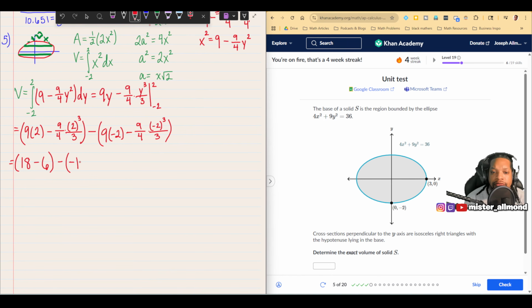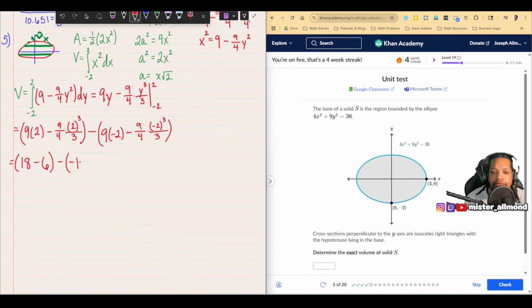All right, so that just becomes 12 minus -18 plus 6, which should be -12. Okay, so final answer should be 24. At least that's what I'm getting. If it's wrong, I don't know where I messed up, but I'm going to go for 24. Hopefully that's right. Let's go.